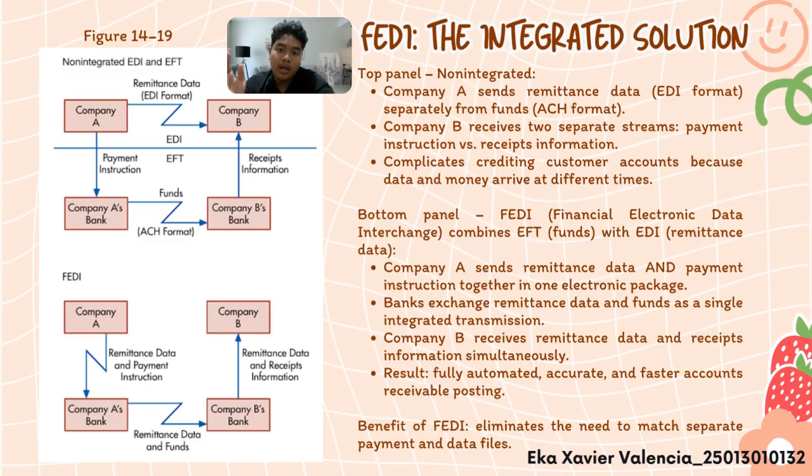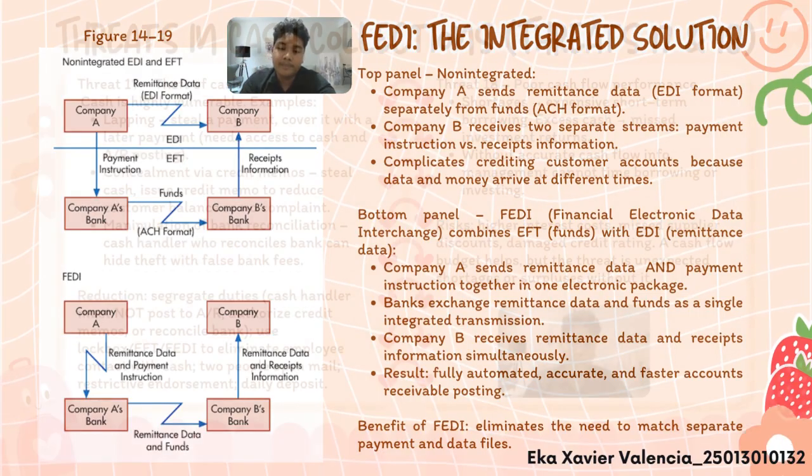As a result, company A receives the remittance data and the payment information simultaneously. This makes the entire process fully automated, accurate, and much faster. So the benefit of FEDI is that it eliminates the need to match separate payment files and data files. Everything arrives together, so accounts receivable can be updated immediately.